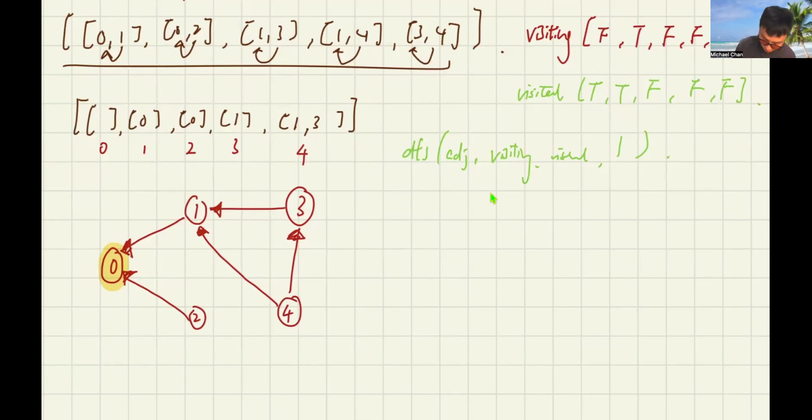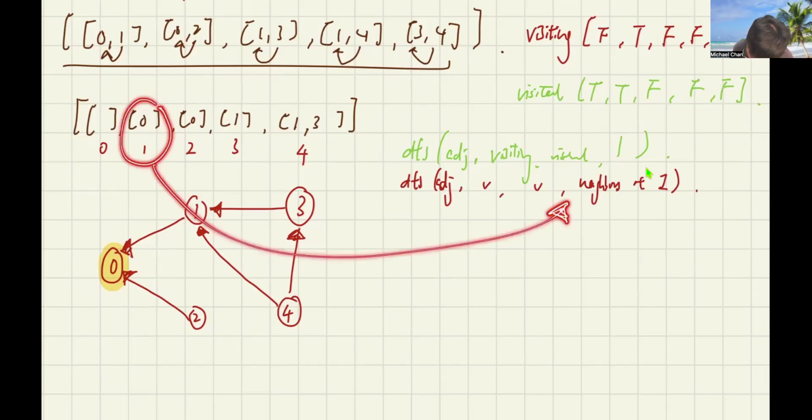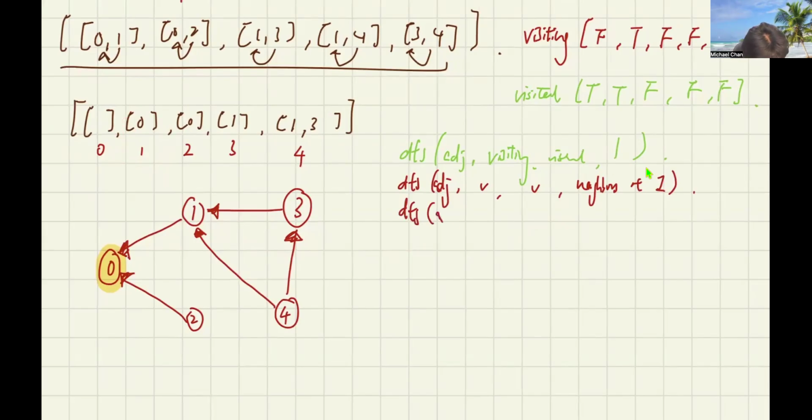And then I will pass in a recursive call, adjacency, V and V and neighbors of 1, right? So I'm sending these ones in now. Boom. And then the next call will become this, A, V, V, and then 0.